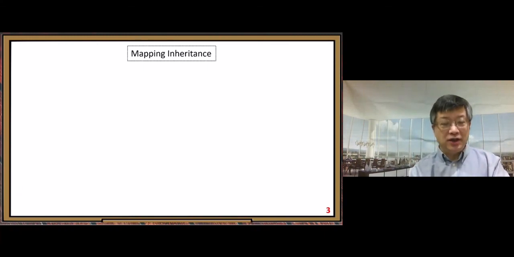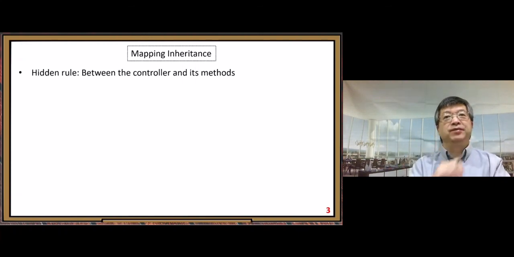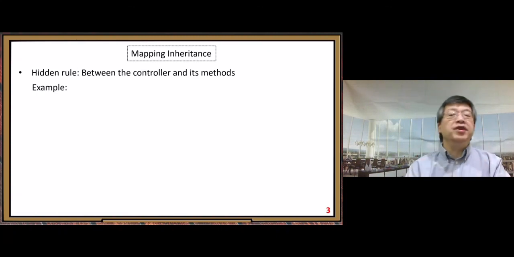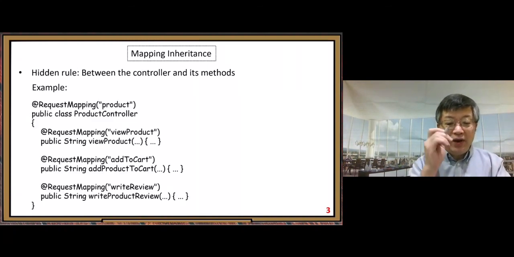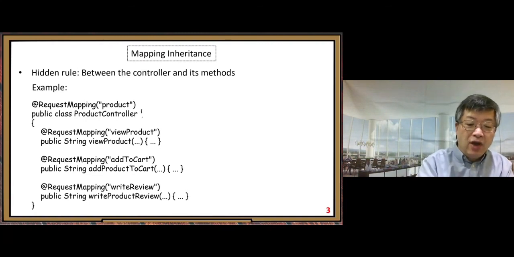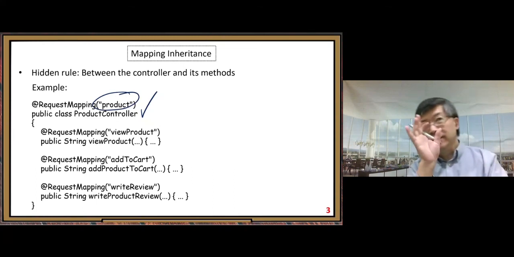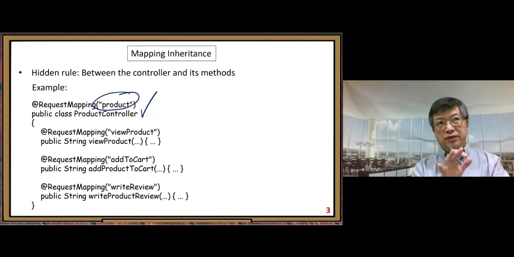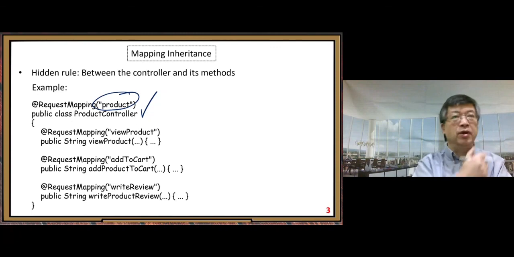So let's look at the simplest case, the hidden rule between the controller and its method. This is basically the same way we did in the previous slide. In this example, we have the controller name, and the controller level, this string, identifies the controller. Where product is matched, this product controller will be called.